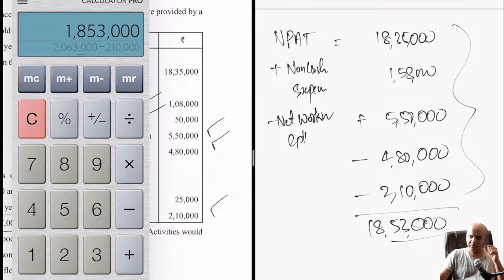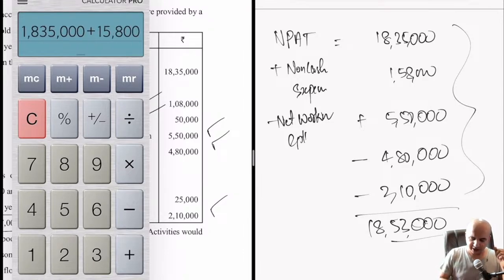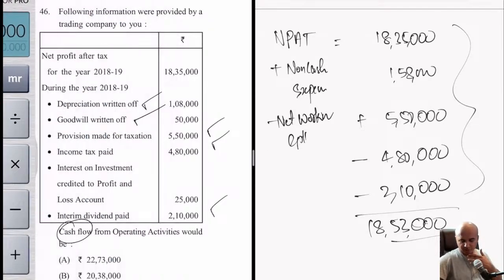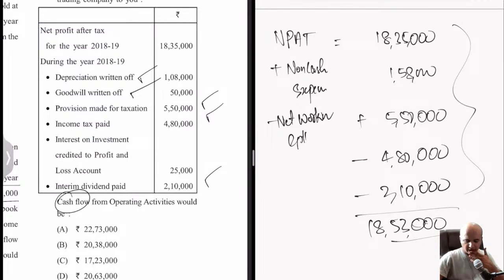Let me just check, I feel it's wrong. 1835 plus 158 plus 550 minus 480 minus 210 is 1853. We won't get the options, no? The option is not there. Something is wrong somewhere.